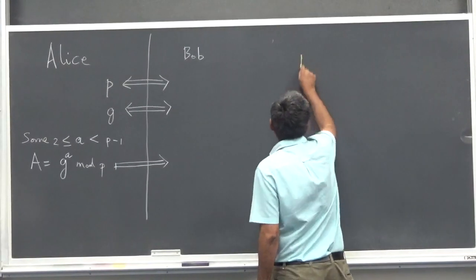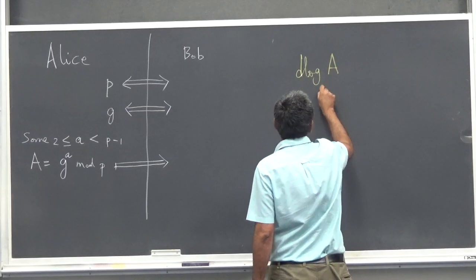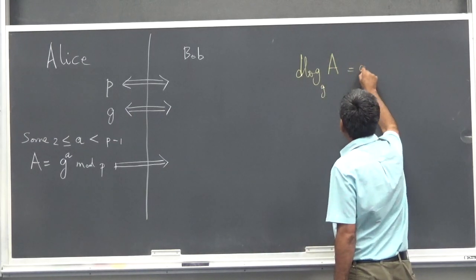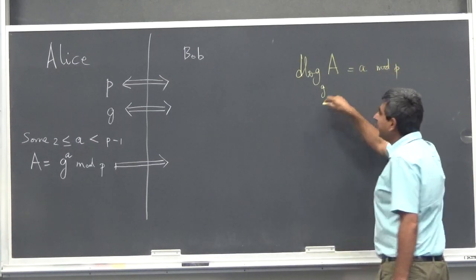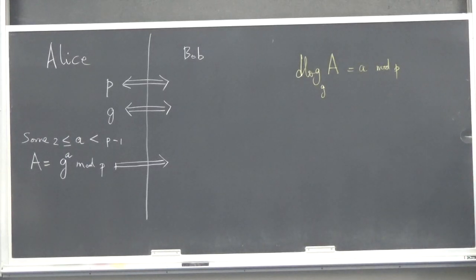So if I take the discrete log of capital A to the base G, I will get small a mod p. But finding discrete logs is a computationally hard problem, just like factoring. So this algorithm relies on the computational complexity of certain problems.